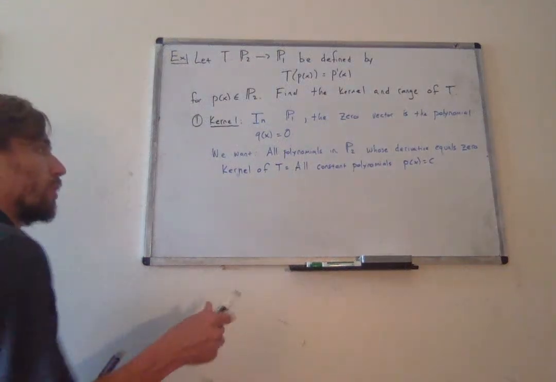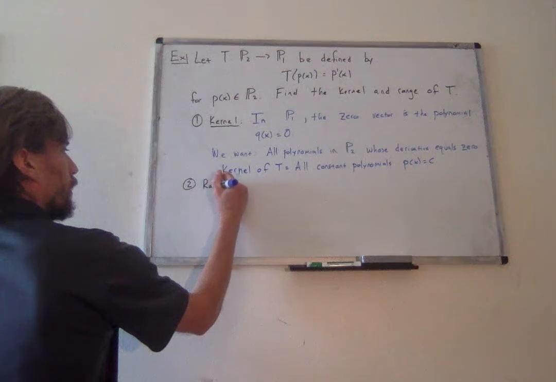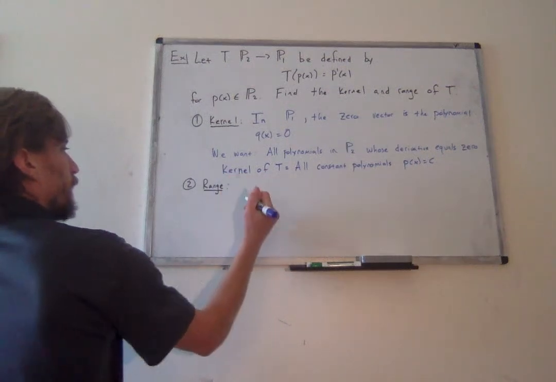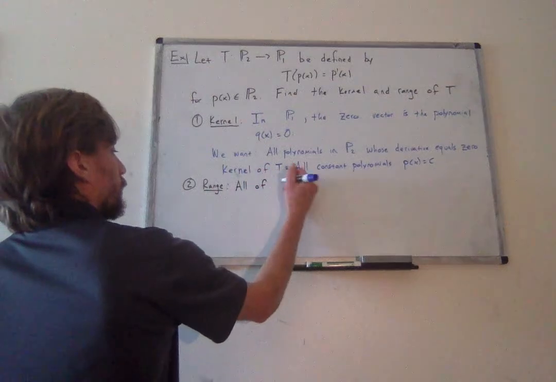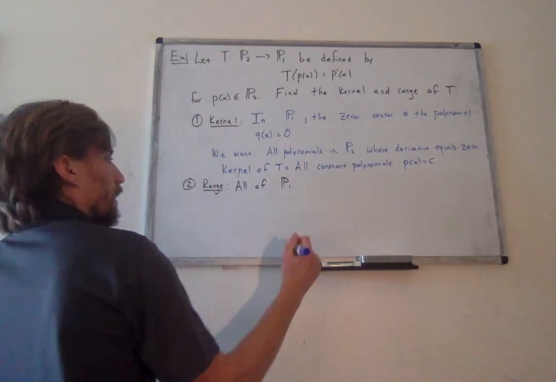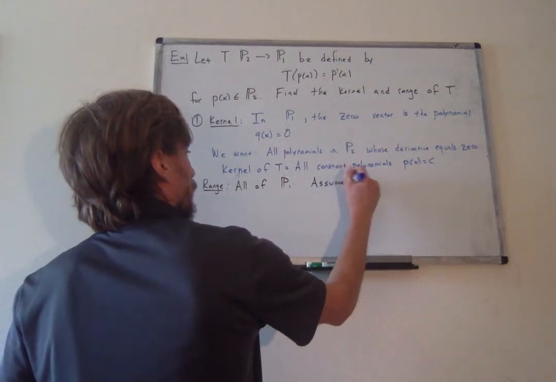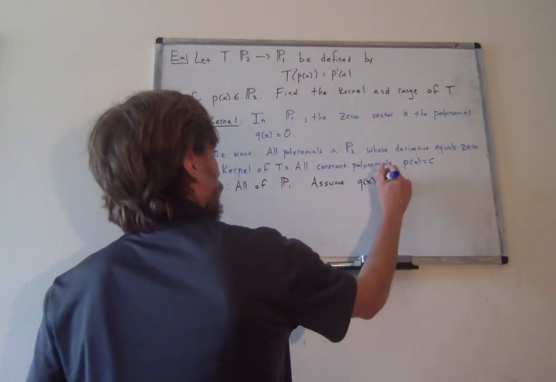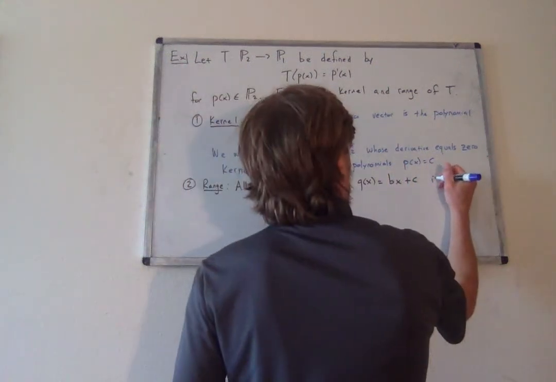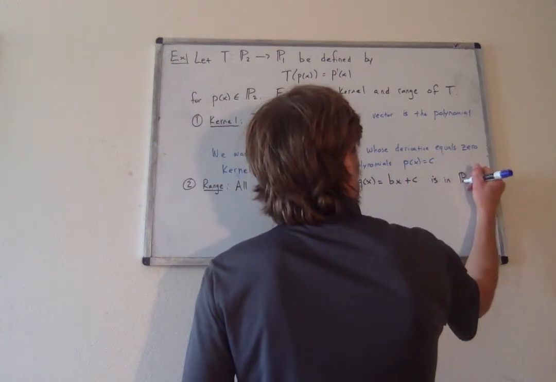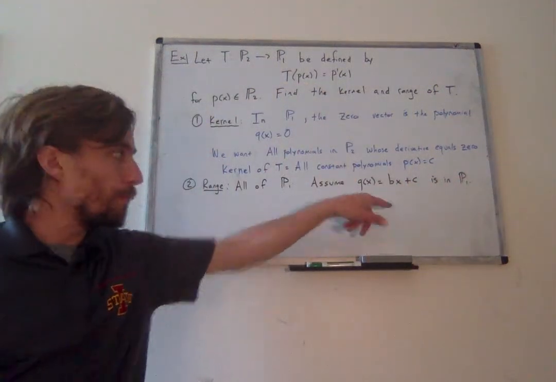So there's the kernel. Last but not least, we want the range. And I claim that the range is actually just all of P1. For the moment, let's assume q of x is just an arbitrary polynomial in P1, an arbitrary polynomial of degree at most 1.